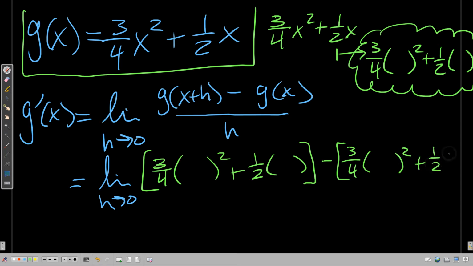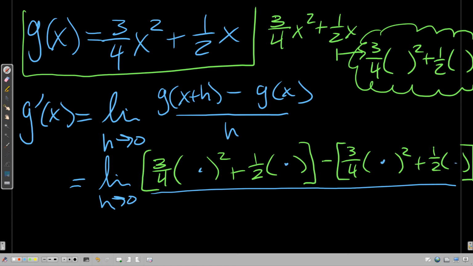And the only difference between these two will be what goes in the parentheses. Otherwise, they're identical. So if I put the same thing everywhere, then the numerator would just be 0. And since h is going to 0, we have a 0 over 0 indeterminate form.